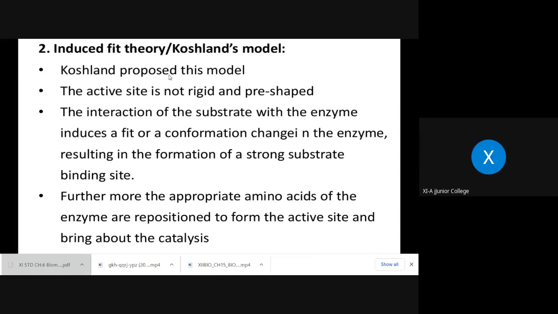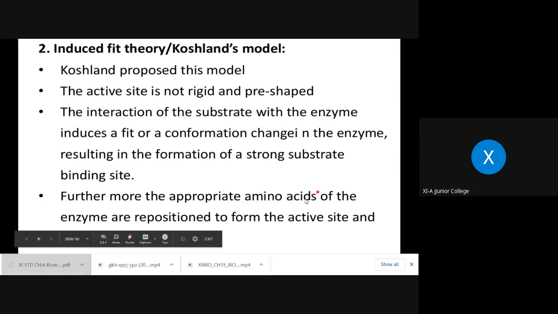Furthermore, the appropriate amino acids of the enzymes are repositioned to form the active site and bring about the catalysis. Now you will not understand the last point, but let me tell you that proteins are made up of amino acids, and enzymes are made up of proteins. So as the appropriate amino acid comes in contact, it changes its shape and structure.